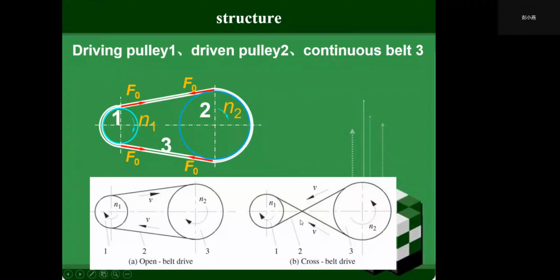And for the cross belt drive, the driven pulley rotates in the opposite direction to the driving pulley.